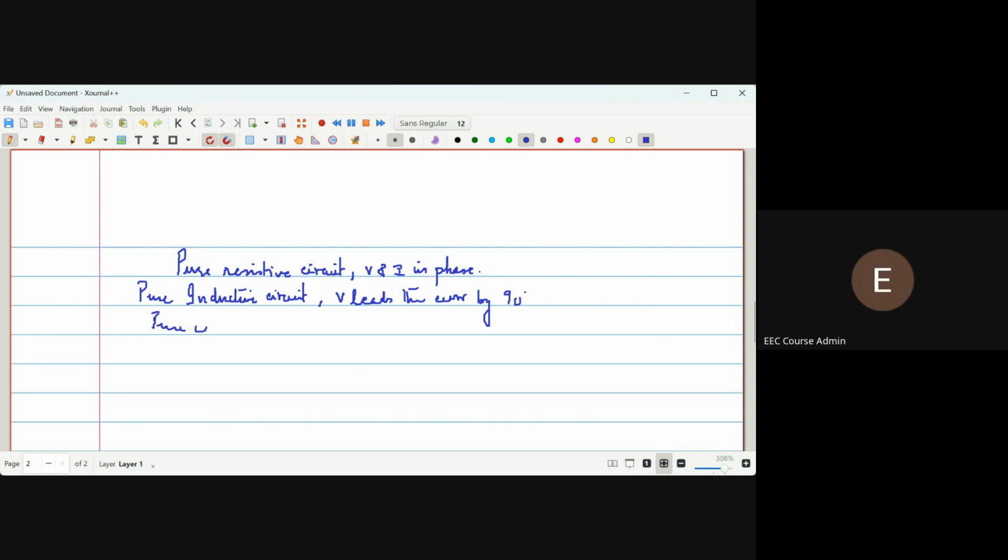In a pure capacitive circuit, current leads the voltage by 90 degree. So when you have a composite circuit, depending upon the components, there will be a phase shift between 0 to 90 degree. These are the cases for purely resistive, inductive or capacitive circuits.